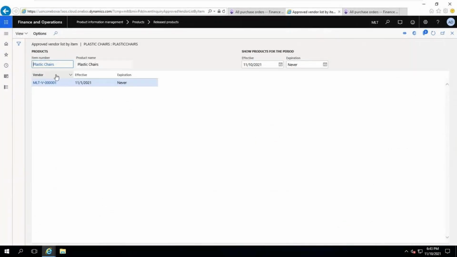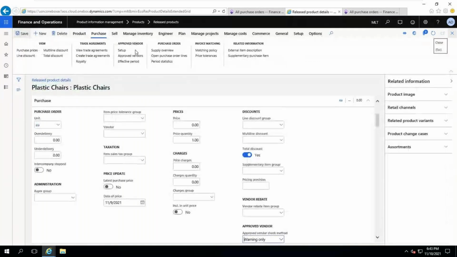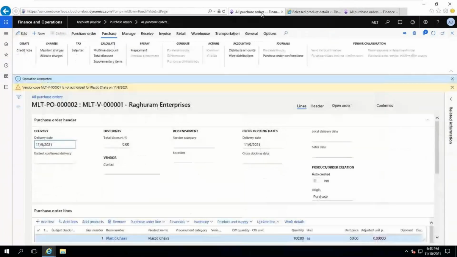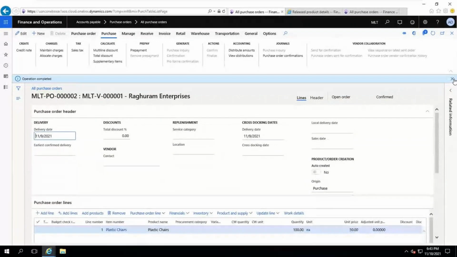This is for viewing; this is the setup. Okay, I hope it is clear. Any doubt in this? It is a warning message because earlier I had not mapped the approved list, so it is a warning message, but it will allow you to proceed.